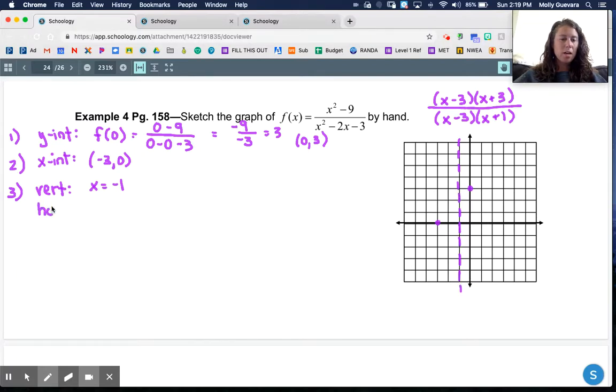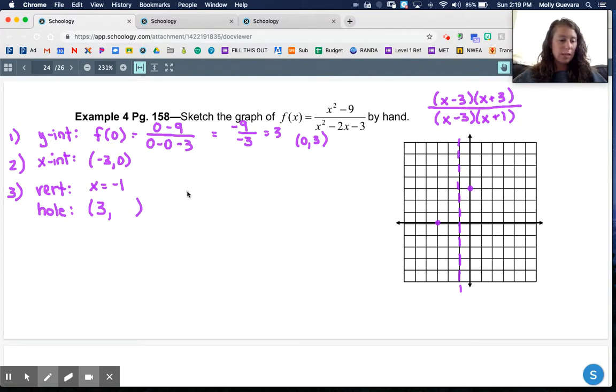And then for the hole, I do have a 0 on both the top and the bottom, 3 and 3. So that does tell me that there's a hole at 3. I just have to find what the y value is of that. So what you do is you ignore these x minus 3's because that is what creates the hole.